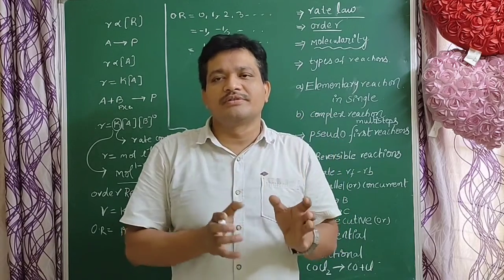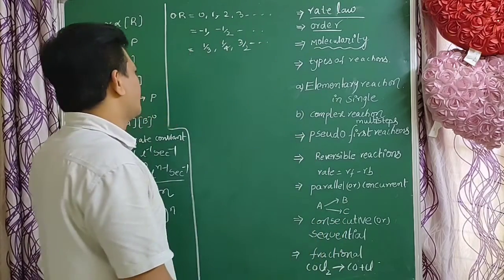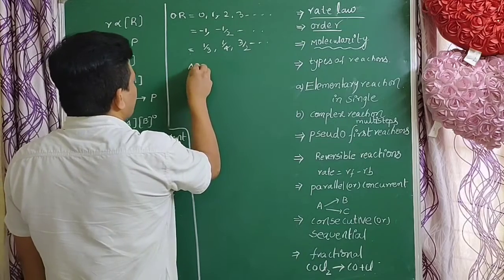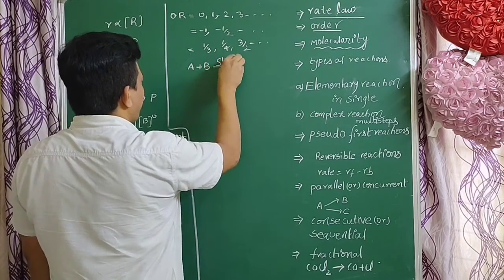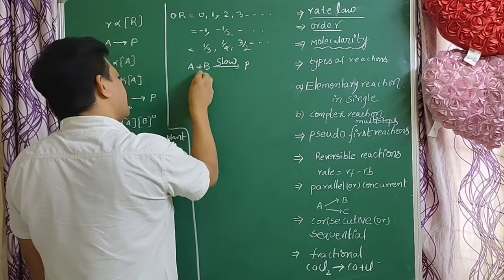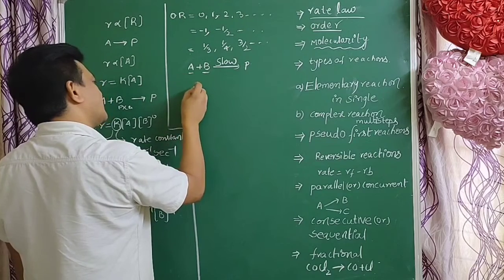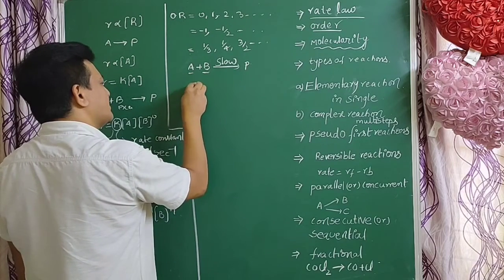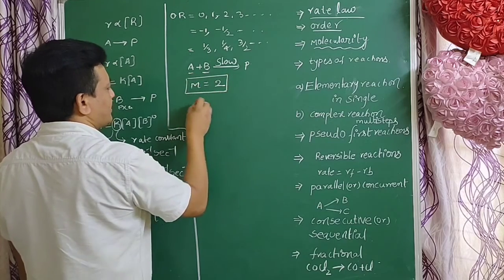How many molecules are involved in the reaction in the slow step, that is the molecularity. For example, in this slow step, 2 molecules are involved, so the molecularity is 2.